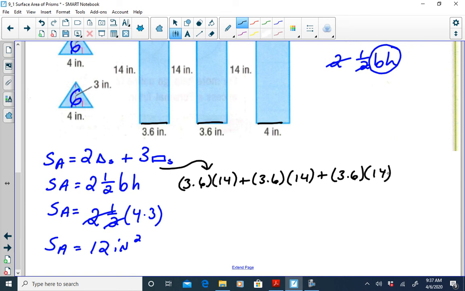Now if you wanted to write that as 3 times 3.6 times 14, you could certainly do that. But when you multiply this, that's going to be 50.6 plus 50.6 plus 50.6.